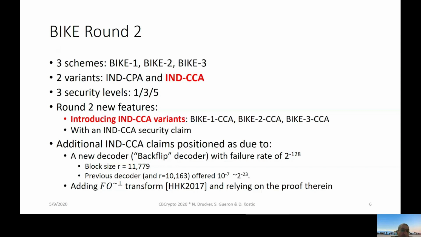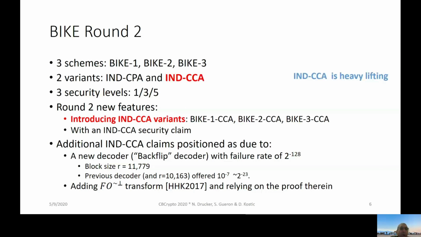So there is a new decoder, a new block size, and the third ingredient is the Fujisaki-Okamoto implicit rejection transform. We take it from a paper in 2017, and the proof of the IND-CCA security for BIKE relies on the proof in that paper. And what I can say is that now IND-CCA is heavy lifting, and I'll try to explain why.